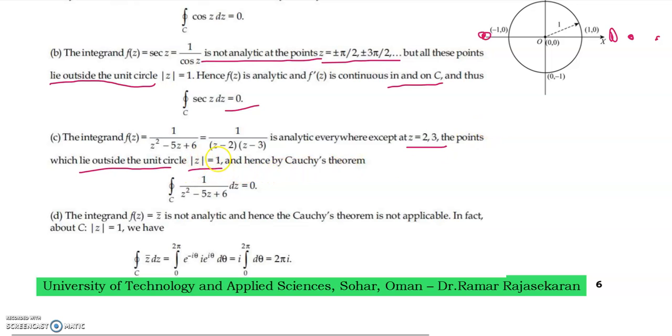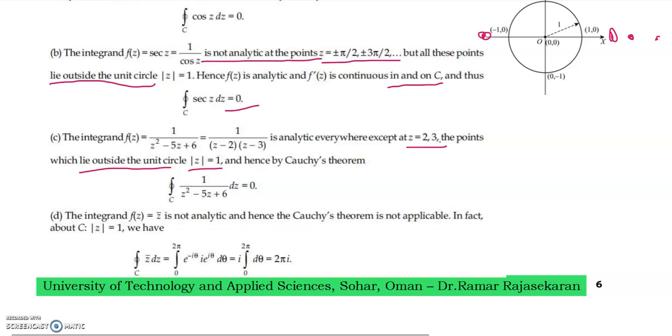In the unit circle the function is analytic. It is not analytic at 2 and 3, but z equal to 2 and z equal to 3 are not in our condition, they are outside the circle, so we can neglect them. So the given function is analytic everywhere in and on the given circle.